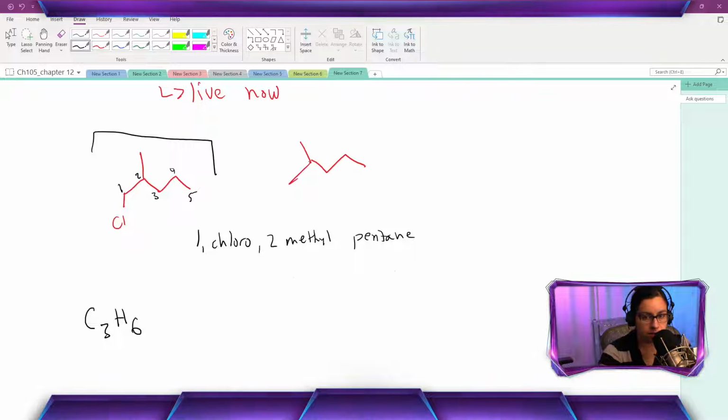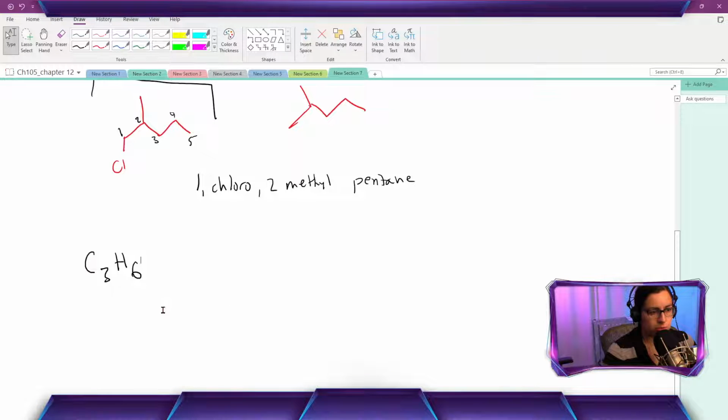Yeah, exactly. So you could tell it's a cycloalkane, at least based off of this first chapter, because you're looking at the formula C3H6, and so it has some degree of unsaturation.